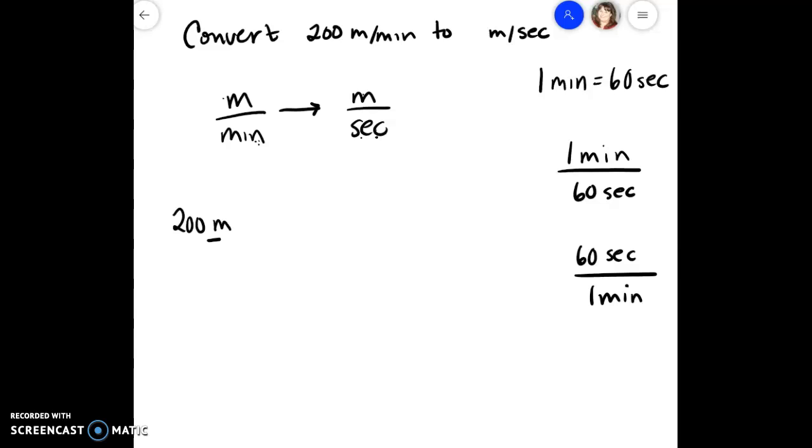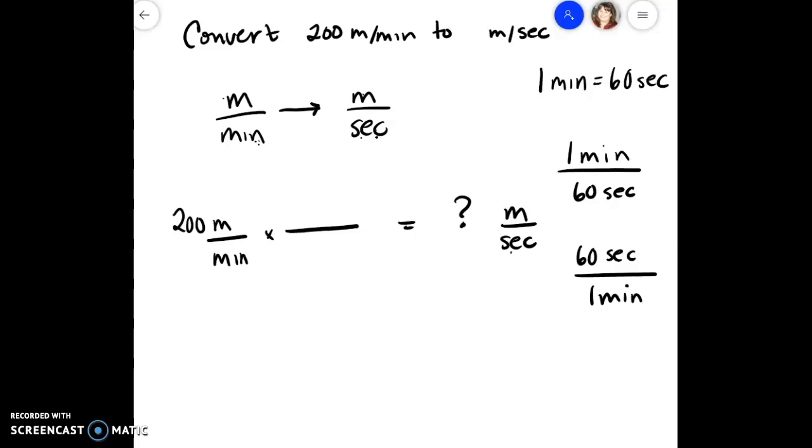So I've got 200 meters per minute, and I'm going to multiply it by something to get my answer, which should be in meters per second. This time, I'm not touching the meters. So I have to change the denominator, and I want the denominator unit to be seconds. Which one should I choose here?